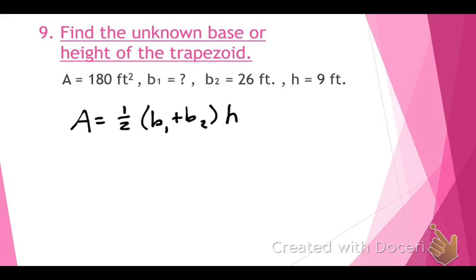Okay? So help me out, Addison. What do I plug in first? 180 for which letter? A. That's my area. What's next, Ashley? Help me. Tell me what to write.